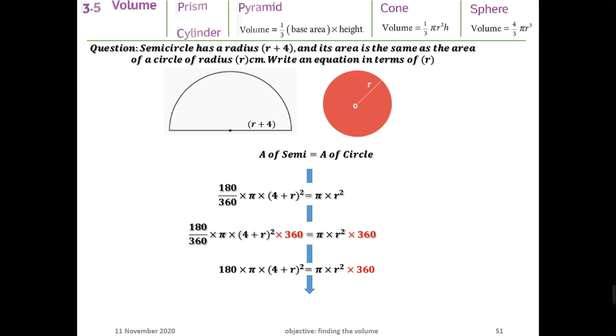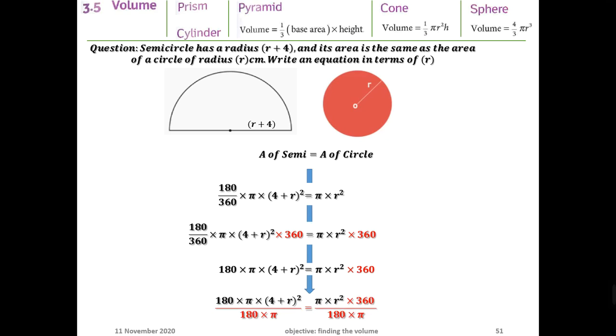Now, we want to isolate 4 plus r all to the power of 2 before we get rid of the brackets. So we're going to divide each side by 180 times pi, getting rid of 180 and pi on the left.